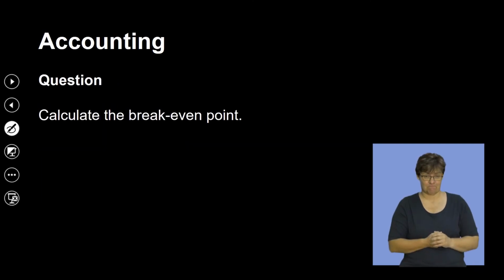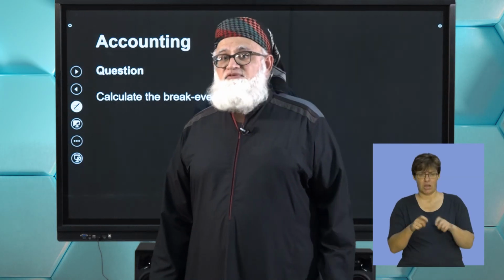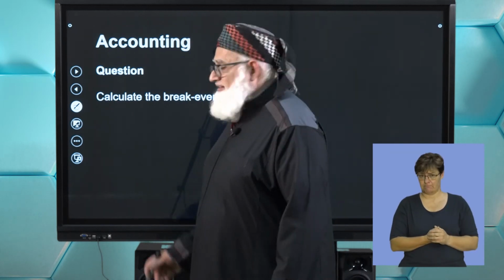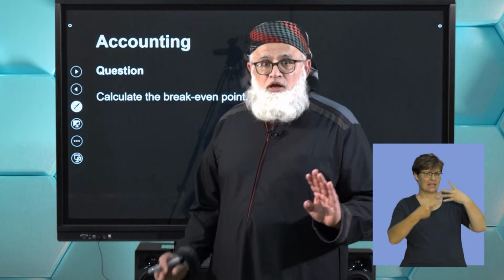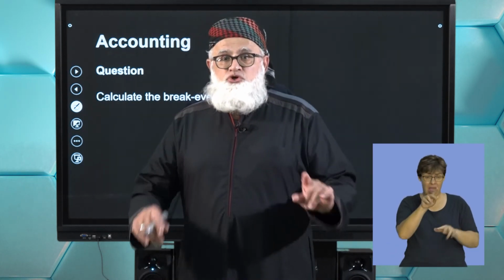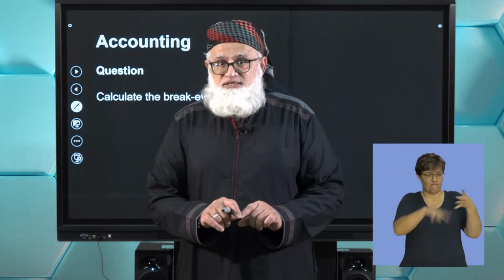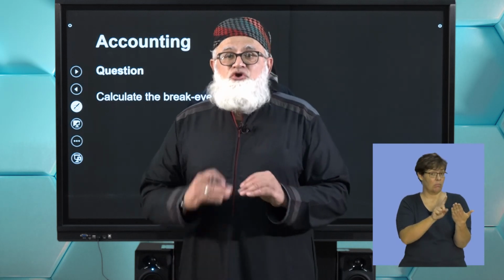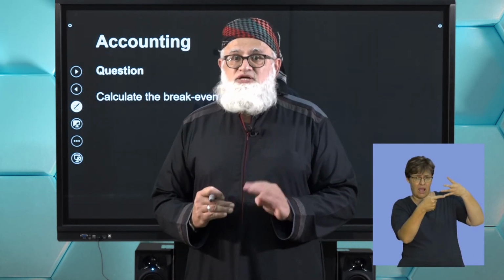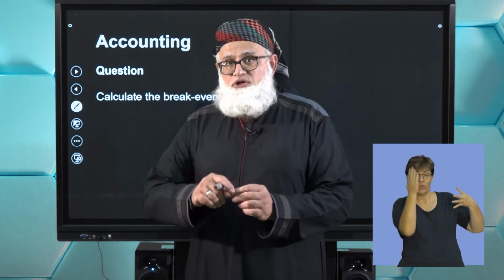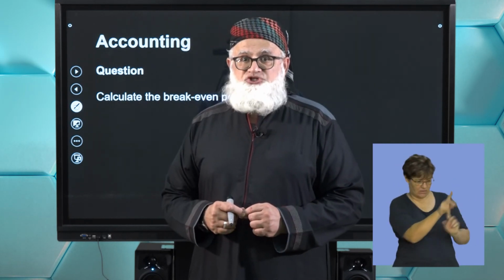Okay. Now we have a question where we are expected to calculate the break-even point. Firstly, what is the indicator? Remember, when you are writing your exam, you are given a formula sheet. However, you need to know the headings of each of those formulas. It's important. So you need to know the formula in order to identify it on that sheet.